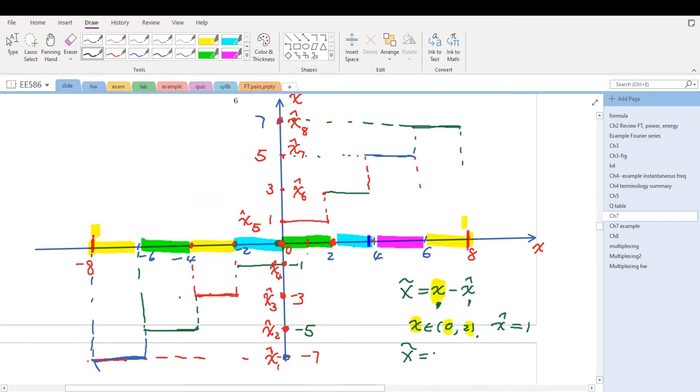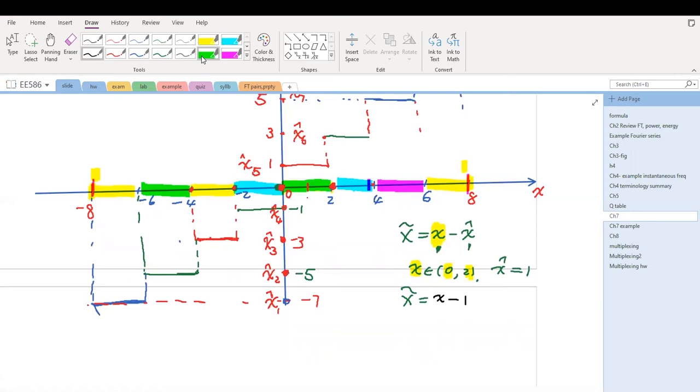Therefore, we have x minus 1 here. Because x is uniformly distributed, x tilde is also uniformly distributed from -1 to 1. This is the range of the error for the quantization.